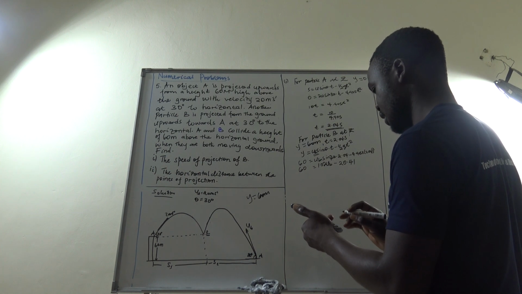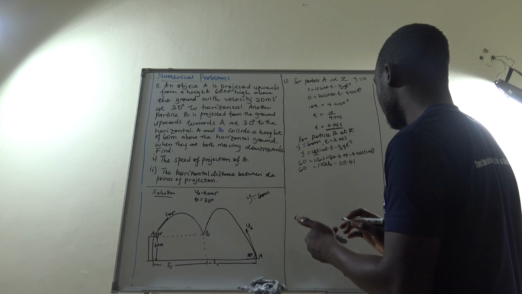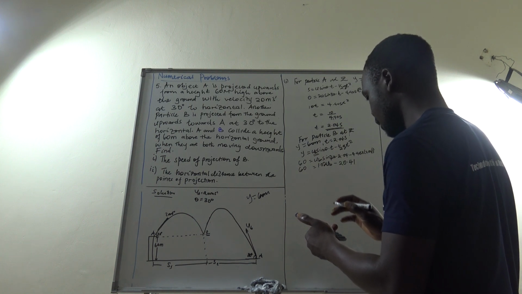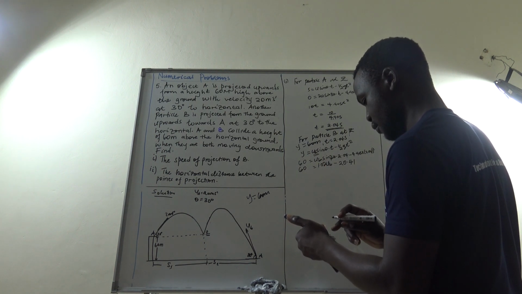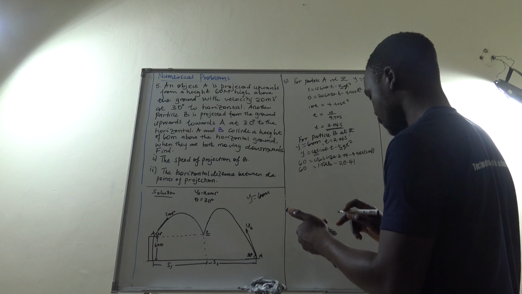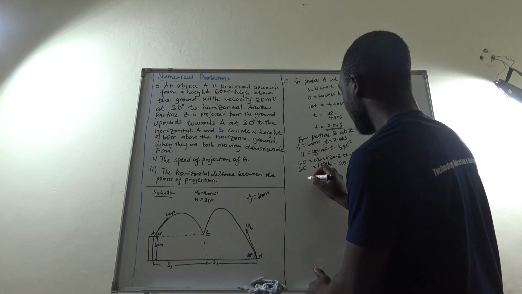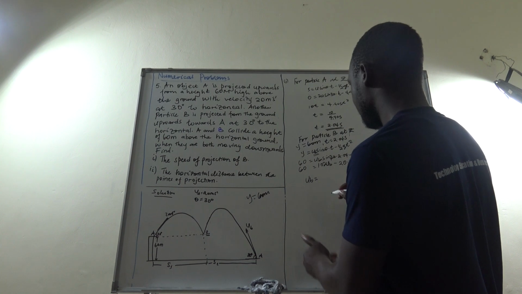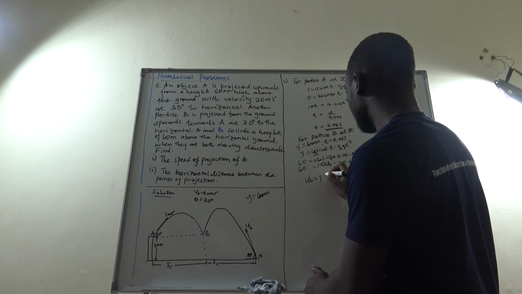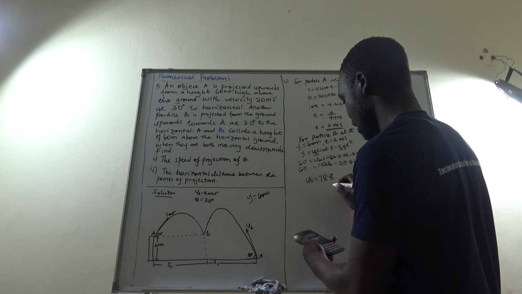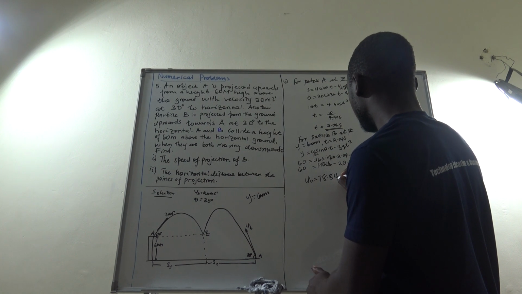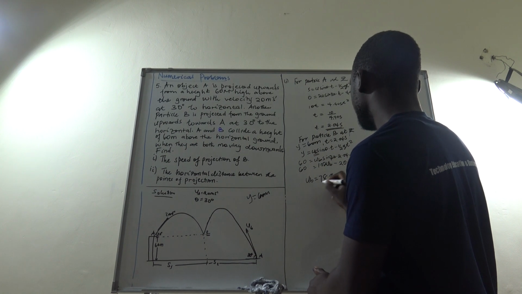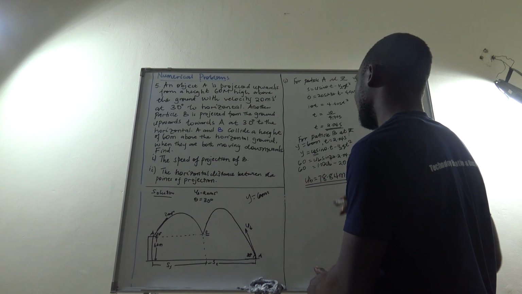This one becomes 80.41, we divide it by 1.02, and our initial speed of projection of the other particle was 78.4 meters per second.